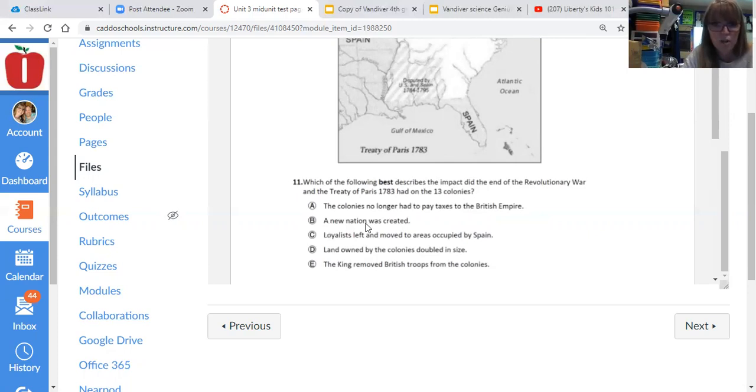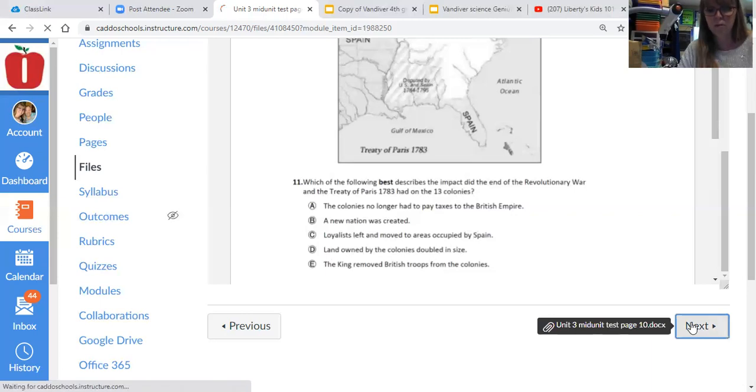So it created a new nation because the United States was separate from Britain, and land owned by the colonies doubled in size. So it's B and it's D. You have to answer both of those choices or it's wrong. Okay, let's move on to number 12.